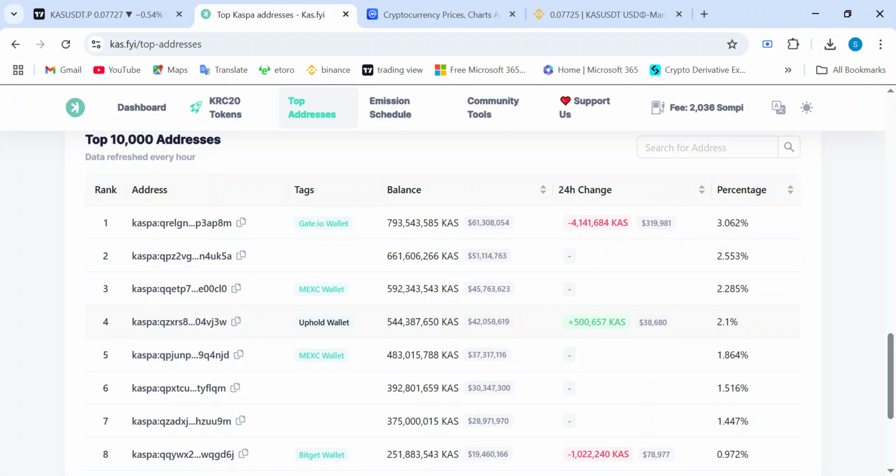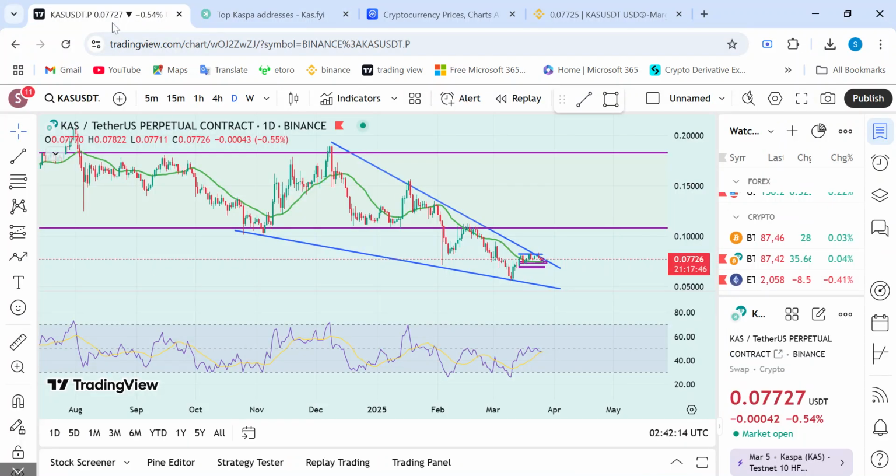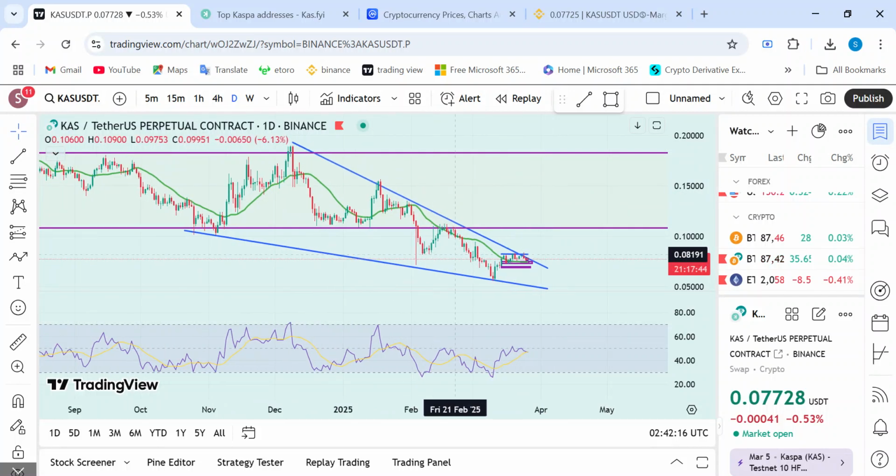On the Gate.io wallet there was an outflow of 4.1 million, and on the BitGet wallet a 1 million outflow. This is actually what is contributing to the lower price of Kaspa right now, because I think if they weren't selling or moving them, we could already retest this 8.8 zone. Anyway, it will happen in time.